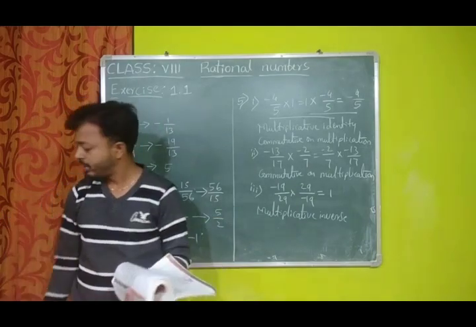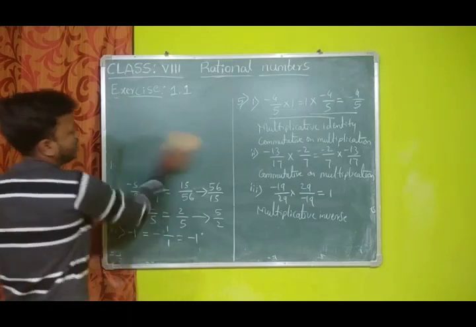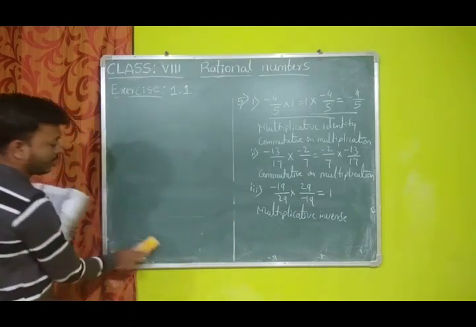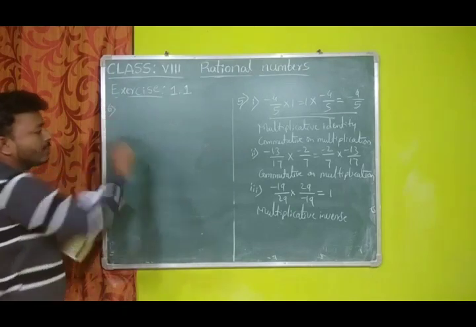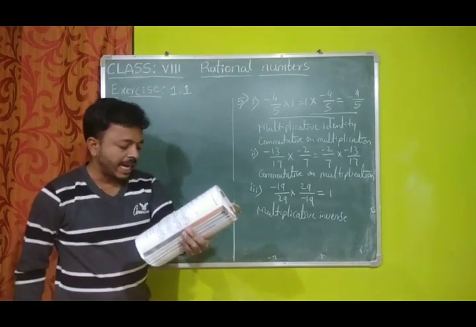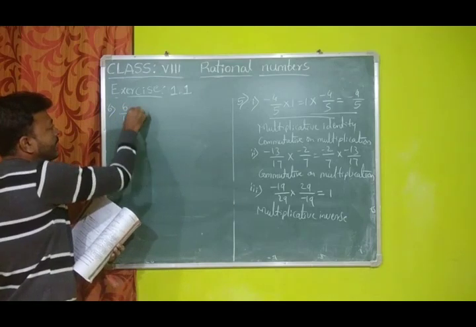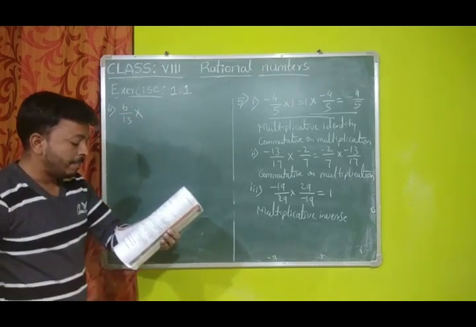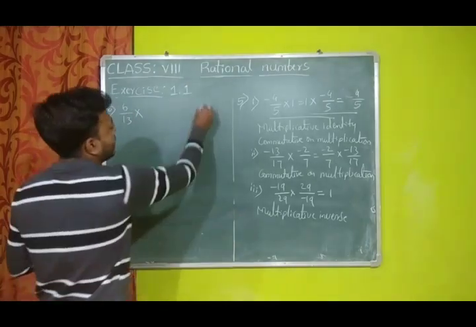We may move on to the sixth question. Very simple actually. Multiply 6 by 13 by the reciprocal of minus 7 by 16.